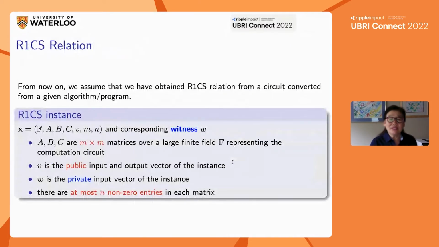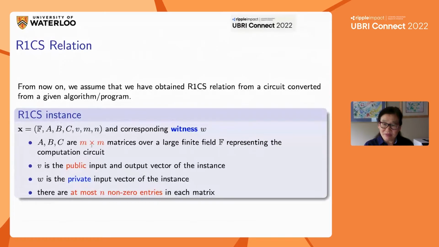So now we restrict our concept to the R1CS relation, which means we assume we already converted an algorithm or program into a circuit. And from the circuit, we convert it to a matrix. Okay, so an R1CS instance consists of these parameters.